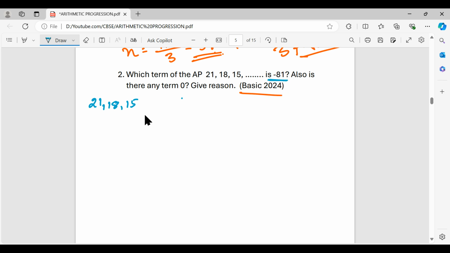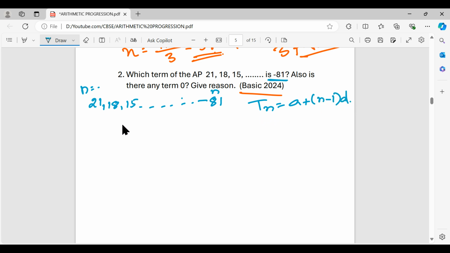We have minus 81 in this AP, and we have to look for the position value, means at which position does minus 81 exist. This is our question. So you know already, nth term is nothing but a plus n minus 1 times d.